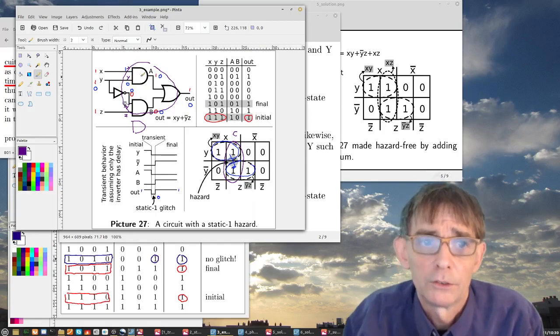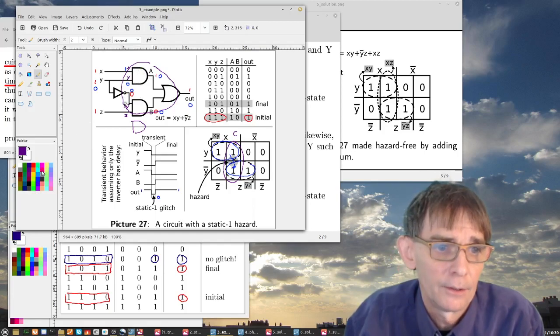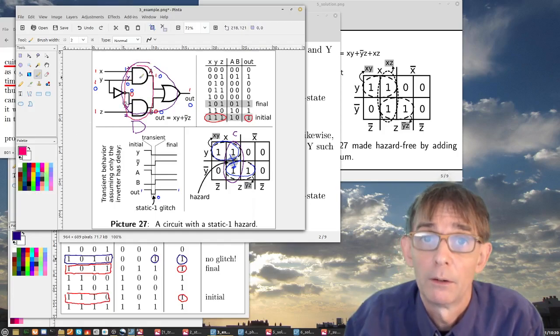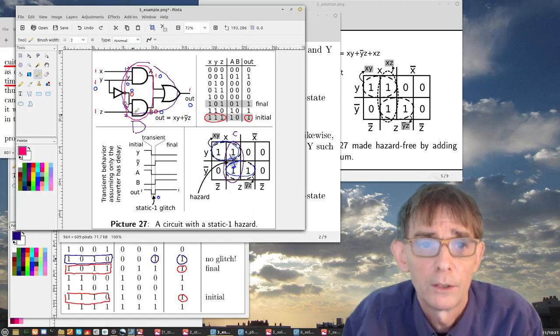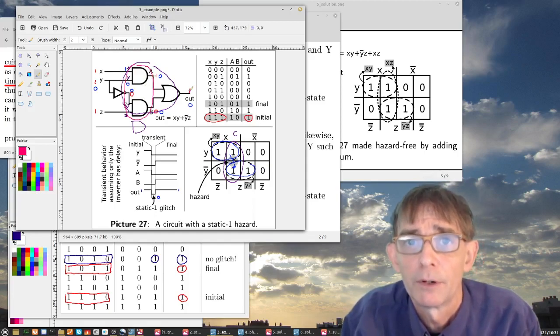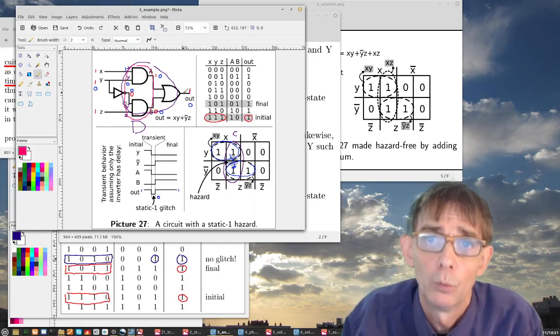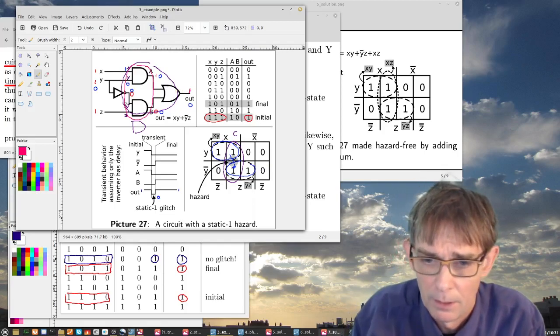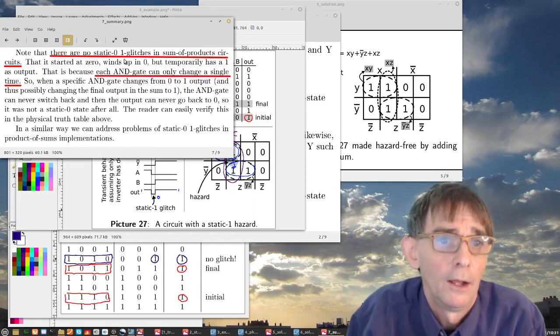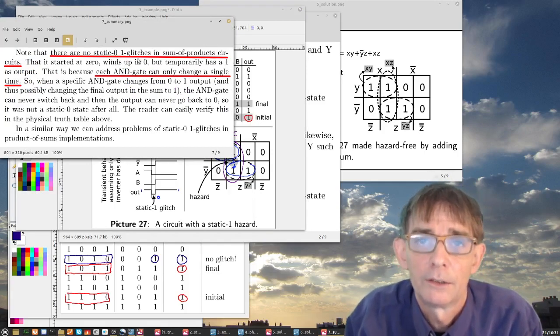And once one of these AND gates has switched to 1, it doesn't matter that another one then also switches to 1 or switches to 0. Once one of them is 1, of course the output stays 1 forever. So it cannot be that it goes to 1 and then back to 0. So you cannot have a static 0, 1 glitch.